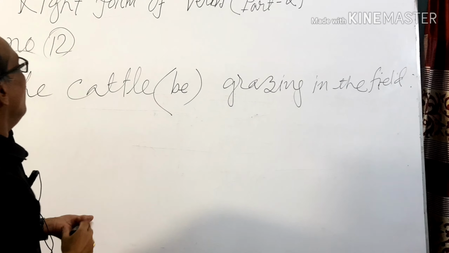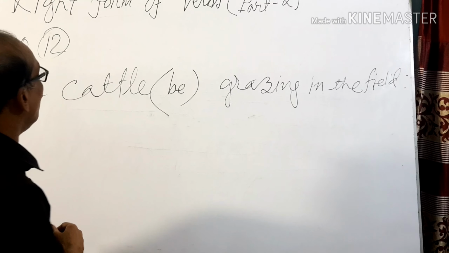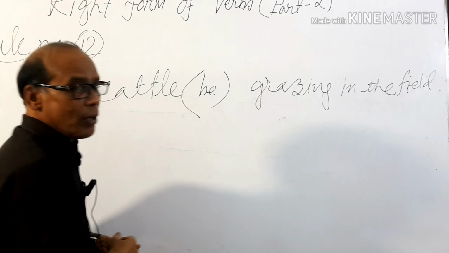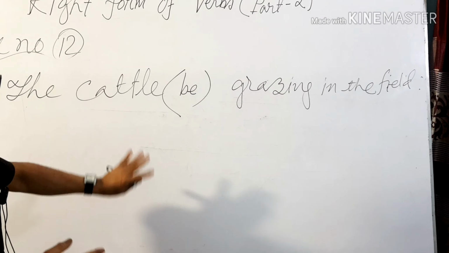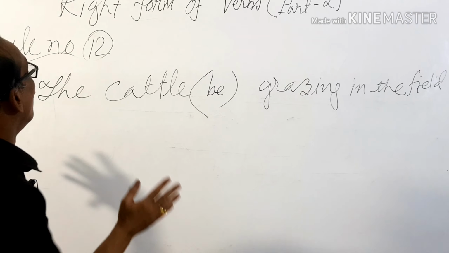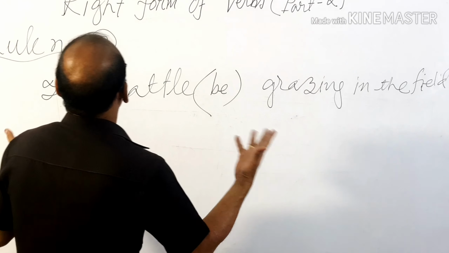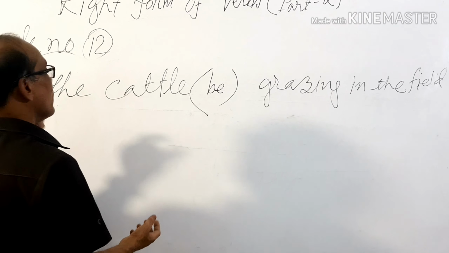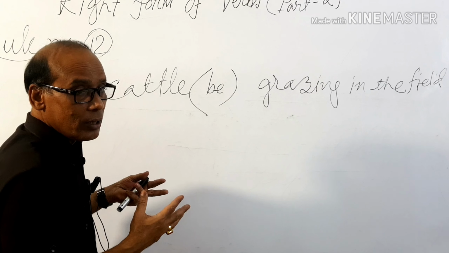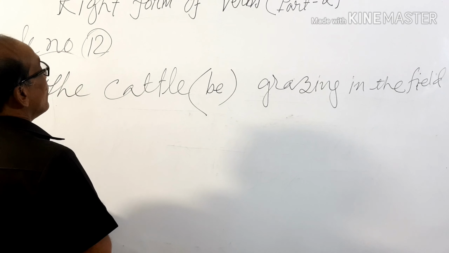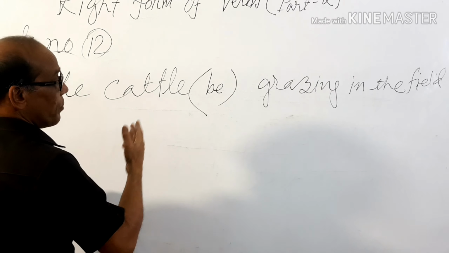Actually, the cattle here, as I have already told you, these words, cattle, public, army, police, gentry, poultry, they are plural. They look like singular, but in actuality they are plural. So the verb will be plural.